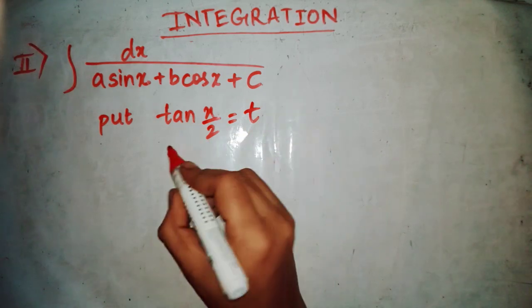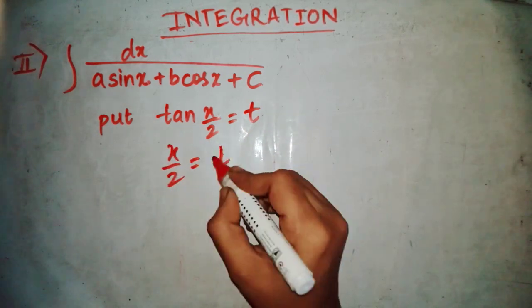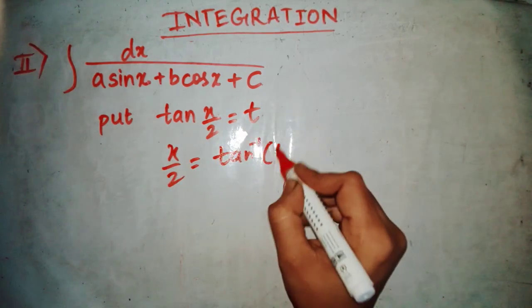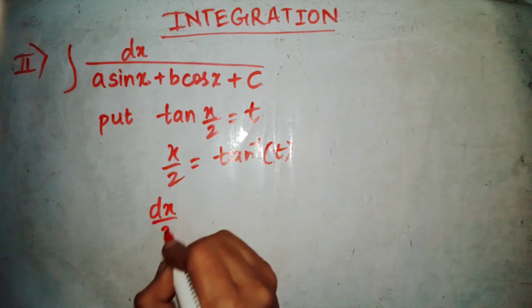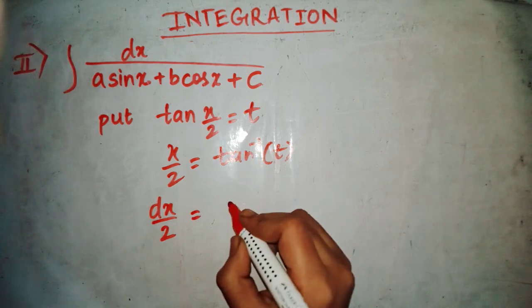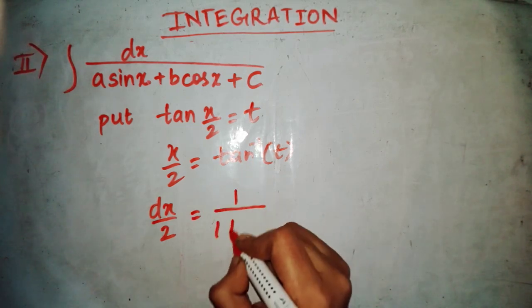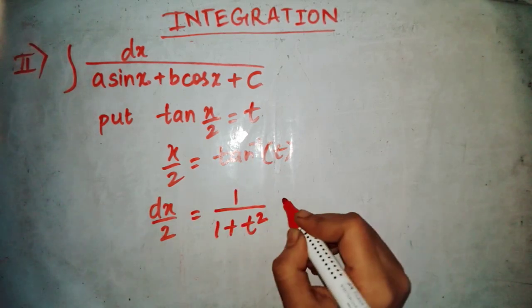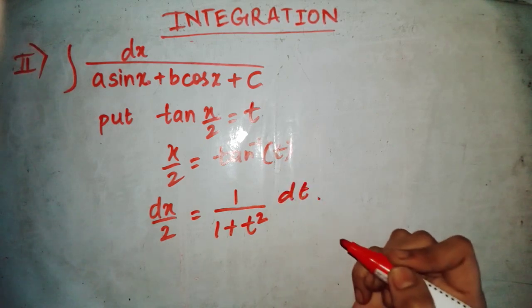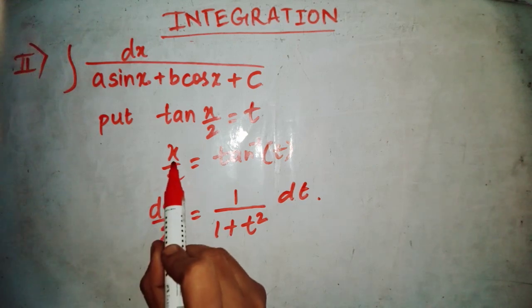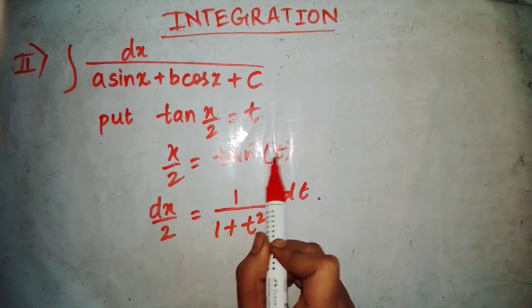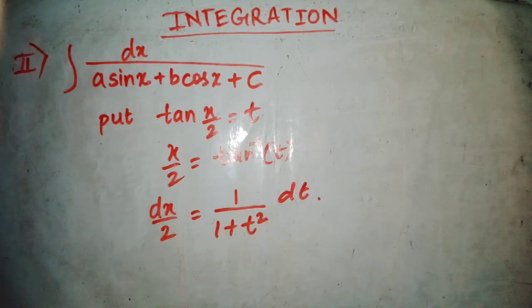So x by 2 will be tan inverse of t, right? When you take the derivative, this will be dx by 2, and the derivative of tan inverse of t is 1 upon 1 plus t square, right? dt. So this substitution you have to make. So in place of x, you have to put tan inverse of t.